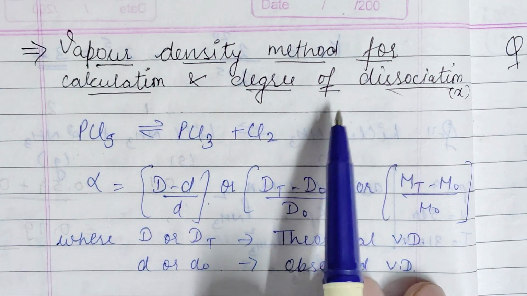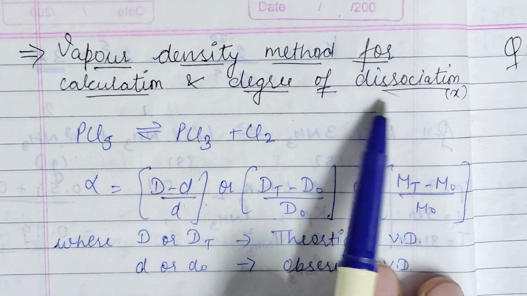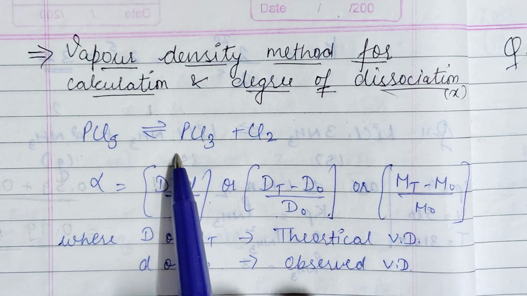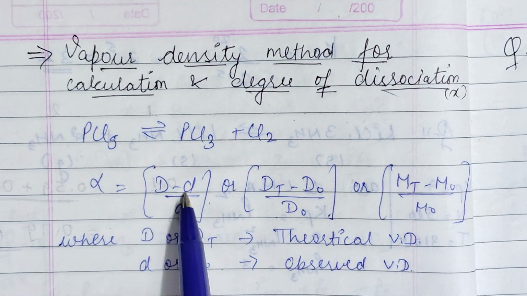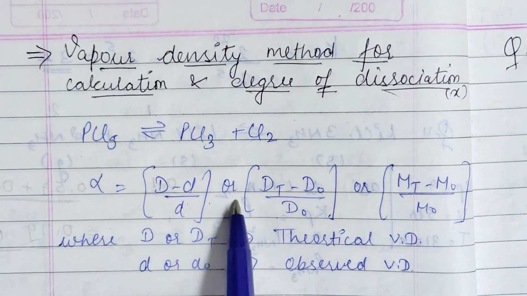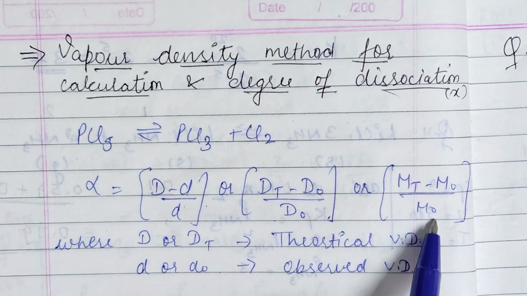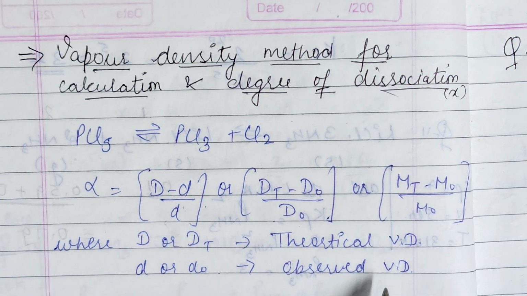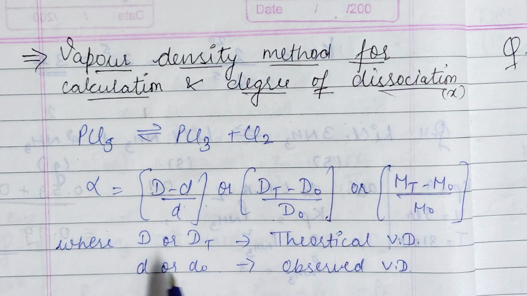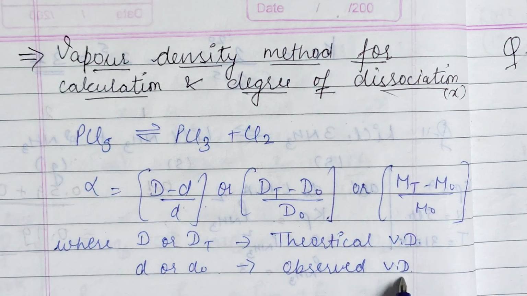Vapor density method for calculation of degree of dissociation X. PCl5 gives PCl3 plus Cl2. So alpha is D minus d upon d, or Dt minus D0 upon D0, or Mt minus M0 upon M0, where D is theoretical and d is observed vapor density.